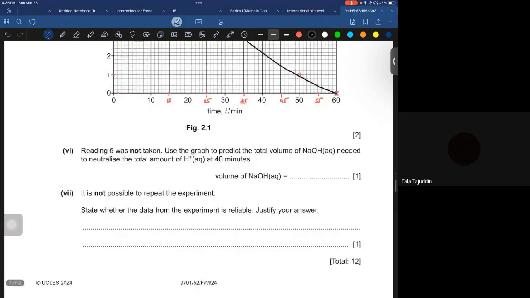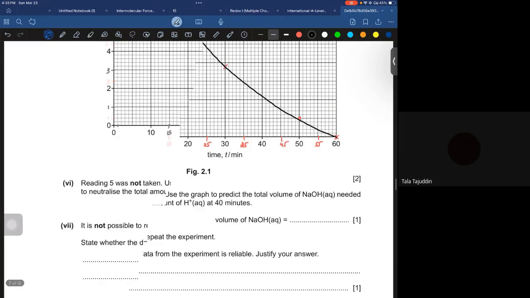Reading 5 was not taken. Use the graph to predict the total volume of NaOH needed to neutralize the total amount of H+ at 40 minutes.